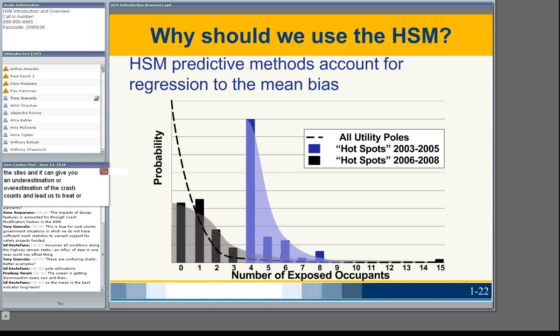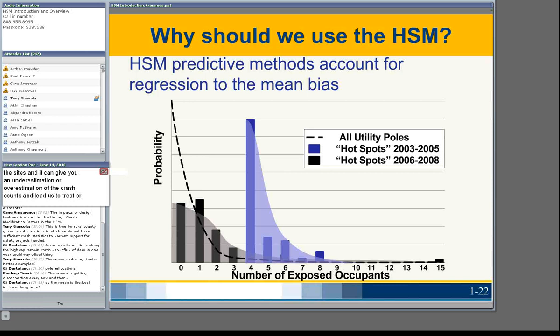So, for example, if we have a lane width over on the left of 10 feet and our traffic volume is greater than 2,000 vehicles per day, A is our proportion of crashes that are related to lane width.